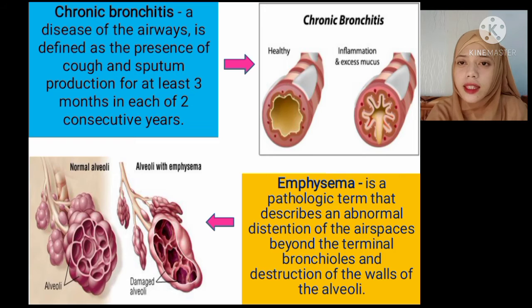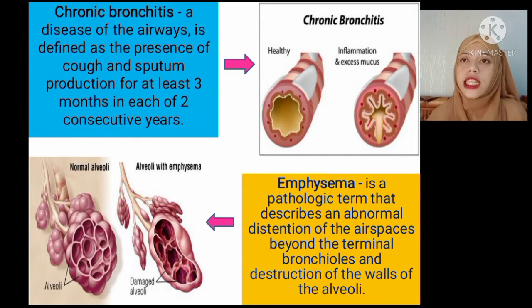And then emphysema is a pathologic term that describes an abnormal distention of the air spaces beyond the terminal bronchioles and destruction of the walls of the alveoli. In the picture, you can see the normal alveoli. If there is emphysema, the alveoli are damaged.